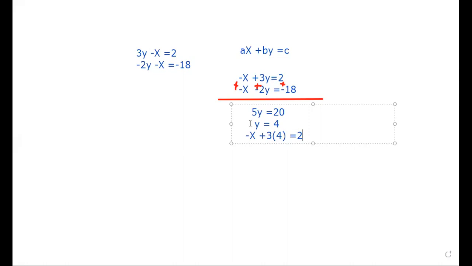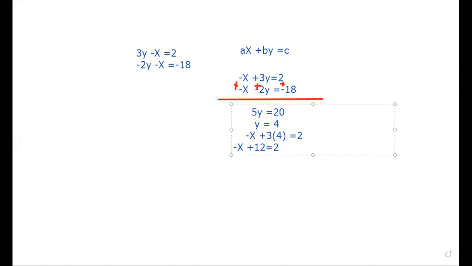Then we will use y equal 4 and go up to replace in the first equation. Keep negative x plus 3, substitute the value of y by 4, equal 2. Then negative x plus 12 equal 2.